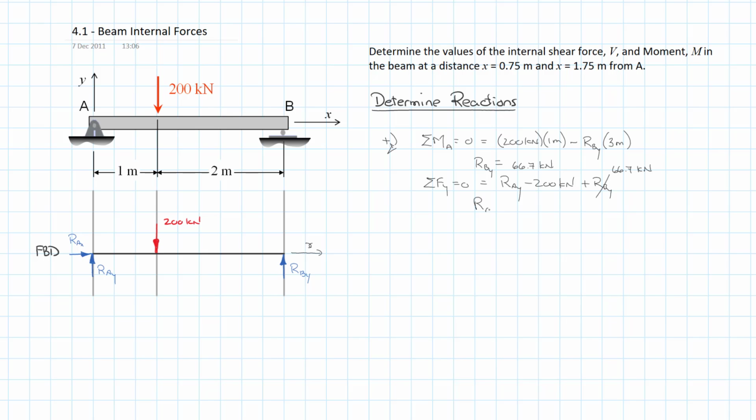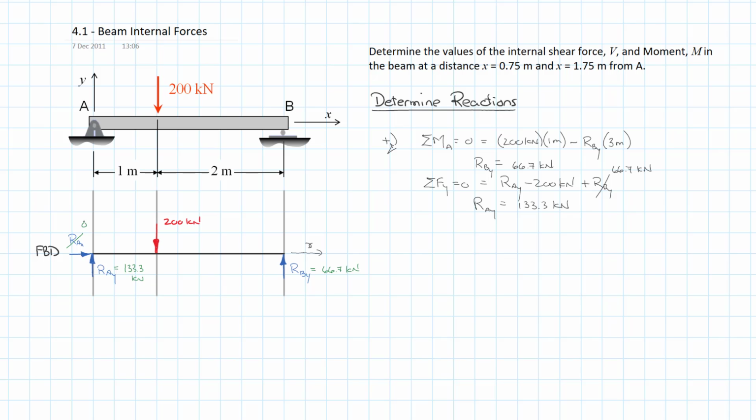And so we're able to solve for RAY, and that's equal to 133.3 kilonewtons. And I'm just going to transfer those over to my free body diagram. So RAY equal to 133.3 kilonewtons and RBY 66.7 kilonewtons, and we know RAX is equal to 0.